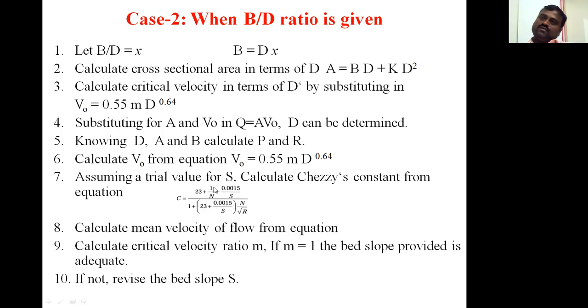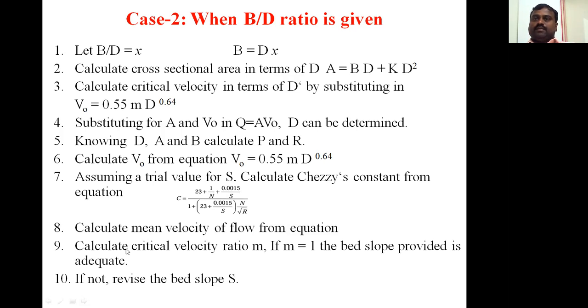So in this C term expression, a trial value of s is assumed here, and the value of C is calculated. Once value of C is known, making use of Kutter's equation, V is equal to C root RS, substituting for C, mean velocity is determined.